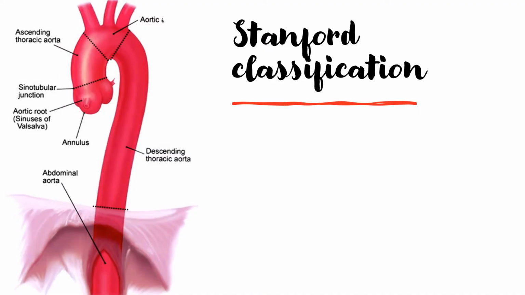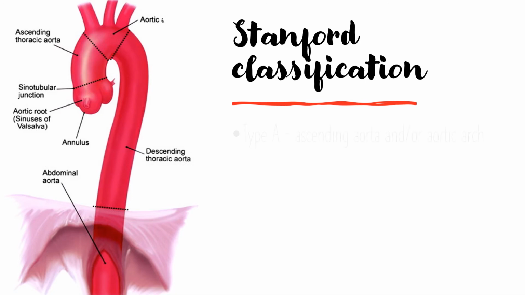There are two types of common classification methods, the DeBakey classification and the Stanford, which we use more routinely in the UK. In the Stanford classification, there are two types of aortic dissection, depending on where it is located.